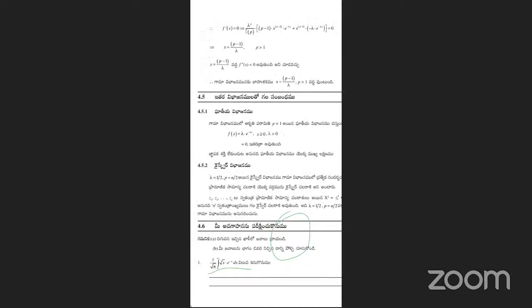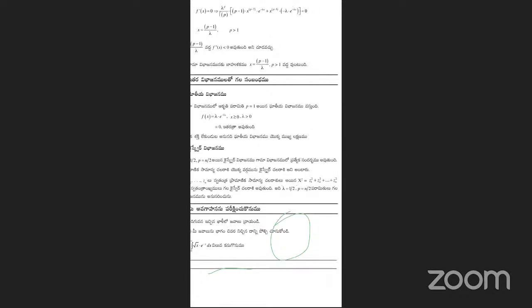So in gamma distribution, if you substitute p equal to 1, it follows exponential distribution. In the gamma distribution, if the shape parameter p equal to 1, then it follows the exponential distribution. If lambda equal to 1 by 2, p equal to n by 2, it follows chi-square distribution.